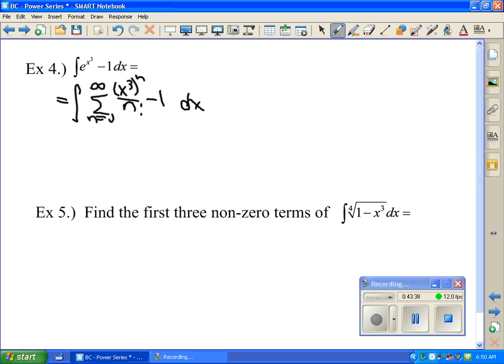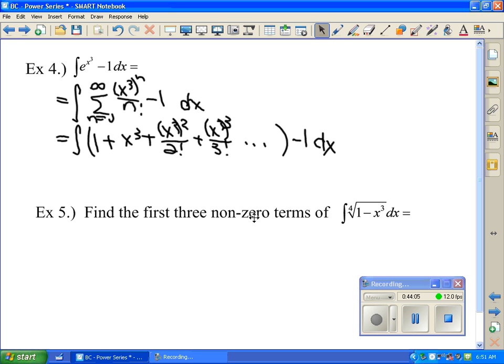Now you don't want to subtract the 1 as a separate integral because I purposely put it there for the following reason. If I rewrite this power series term by term, the first term when n equals 0 would be 1, then plus x cubed squared over 2 factorial plus x cubed to the third over 3 factorial. And from all of that series, I'm going to subtract a 1.